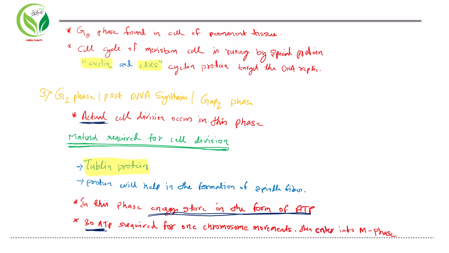Then it enters into anaphase. So in this phase, cell division is the most expensive in energy utilization. So it is most expensive.